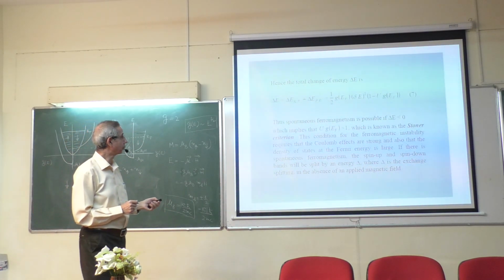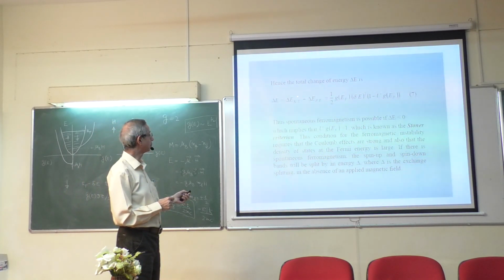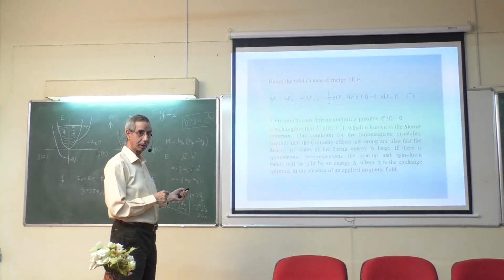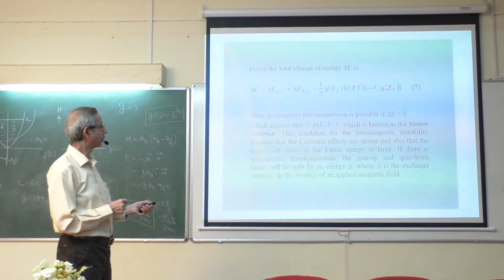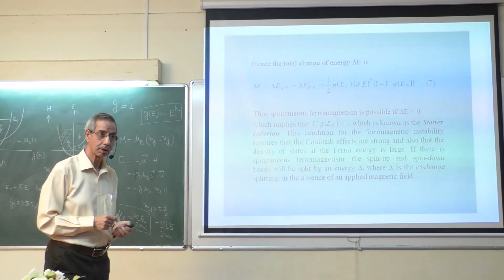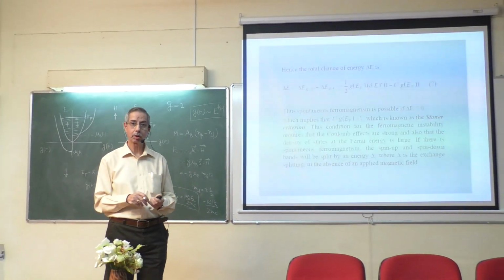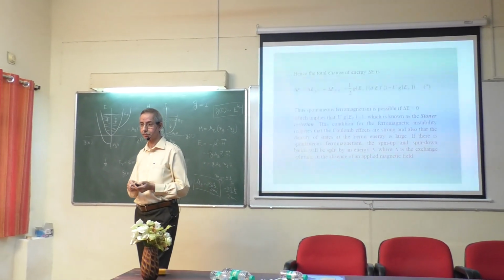That means if the potential energy is much more than this, then you have this term. When U times g(E_F) is greater than 1, only then is there a possibility of ferromagnetism. This is called the Stoner criterion for ferromagnetism.